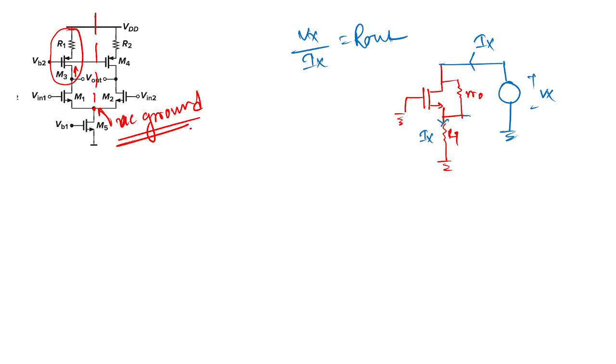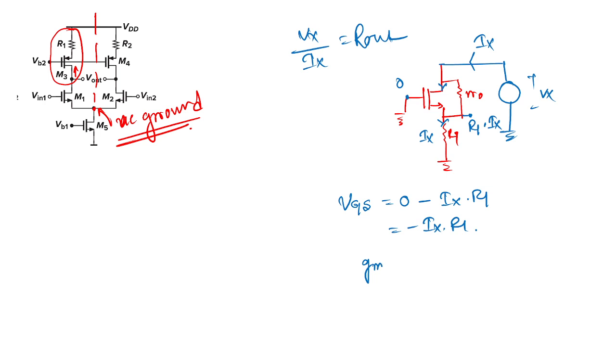What is the total amount of voltage drop here? R1 times Ix, and the gate voltage is 0. So what is the value of VGS? 0 minus Ix R1, that is minus Ix R1. So what is the current flowing through here?